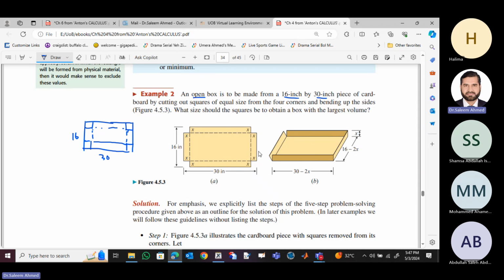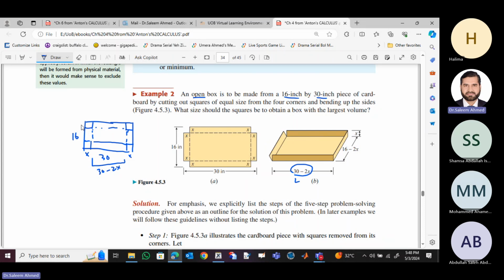So what will be the new dimensions of the box now? 30 was the length here. We remove x from here, we remove x from here. So what is remaining? The remaining is 30 minus 2x. This is my length now, L, right?